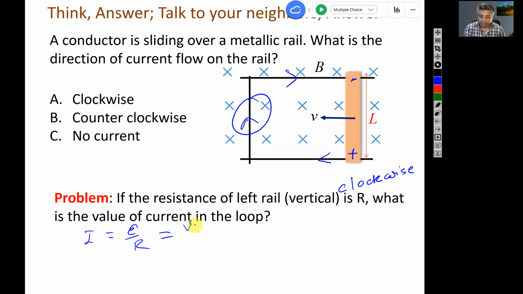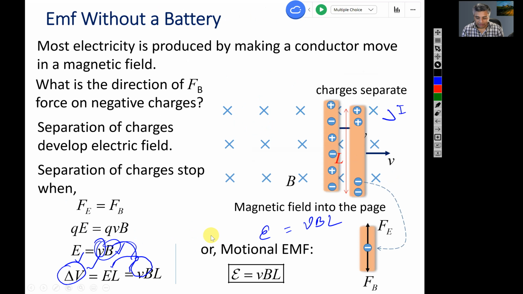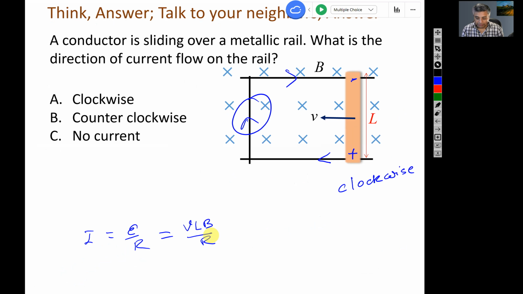Last slide, we learned that it's going to be B times L times v over R. Did I get that right? With so many equations, I tend to forget. BvL, yeah, BLv, same thing, right? Okay. So that's how much current is flowing.